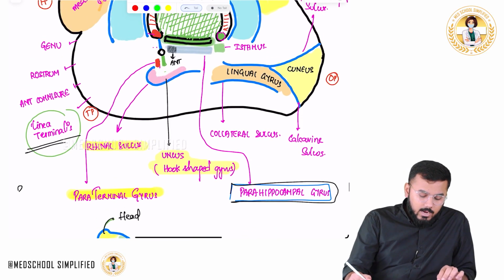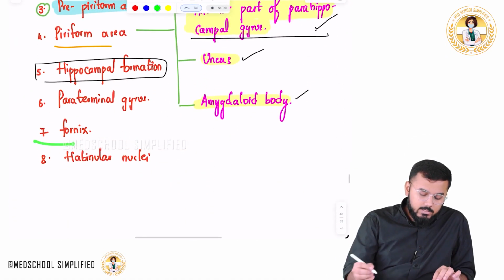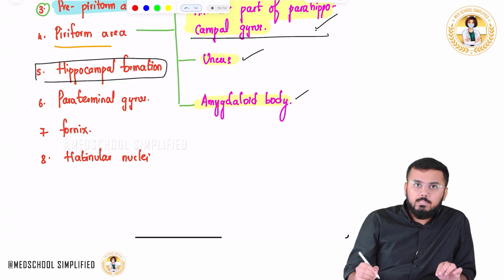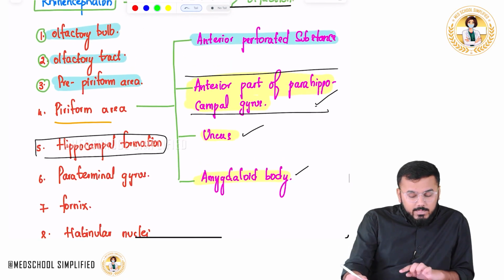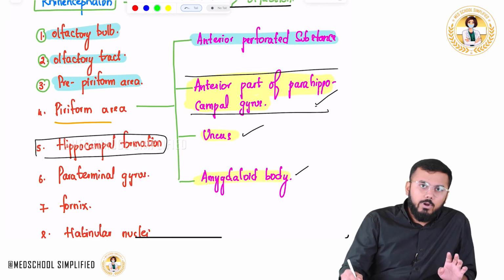Now after this we have discussed some other structures. One is the fornix, the paraterminal gyrus and so on, right? We even discussed the amygdaloid body. I have just shown you the pictures of these structures, how to draw them and so on.